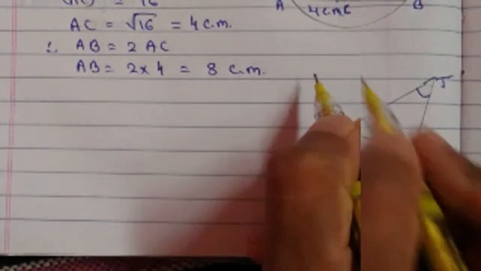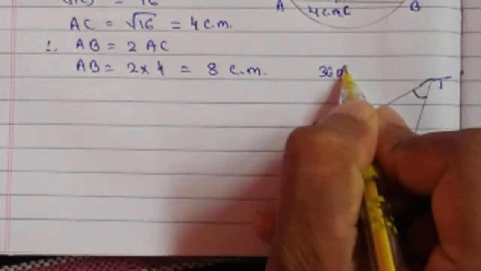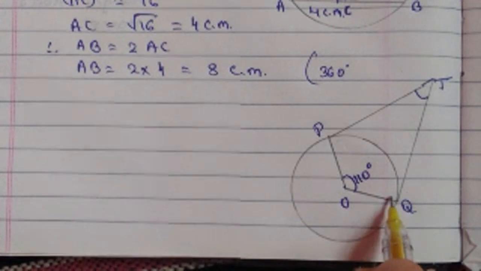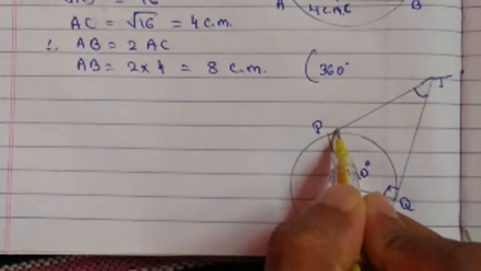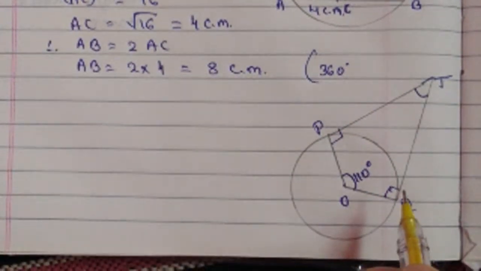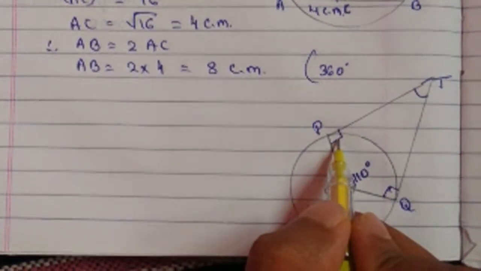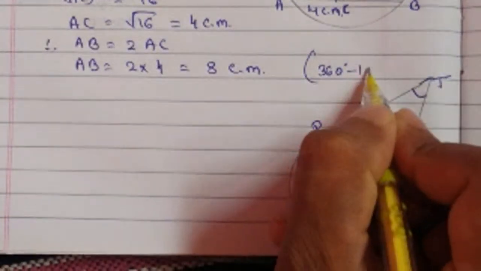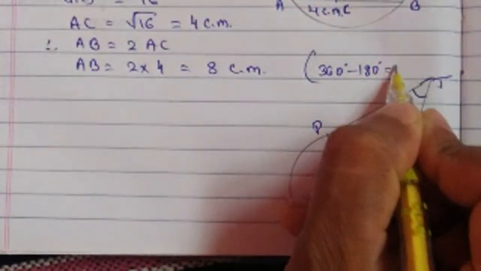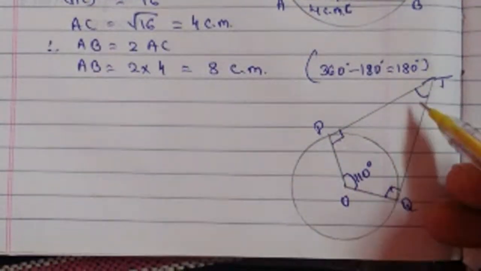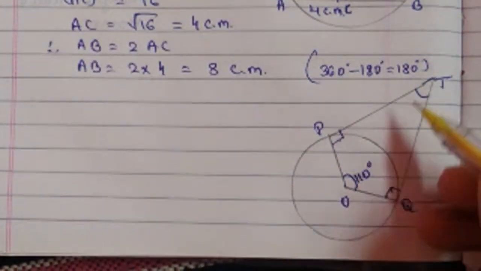And the radius is perpendicular to the tangent. So this angle is 90 degree, and this angle is also 90 degree. So 360 degree minus 180 degree gives again 180 degree. So the remaining two angles sum is 180 degree.